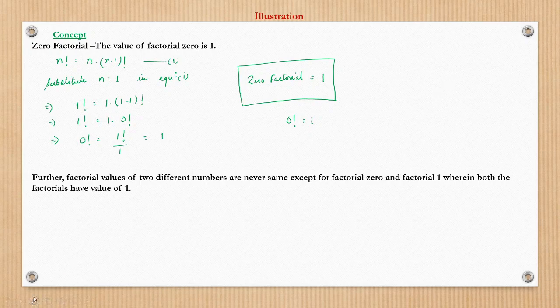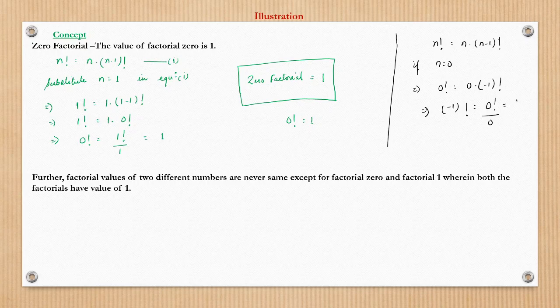Just for the sake of understanding, if I put n factorial is equal to n into n minus 1 factorial, and suppose I substitute n is equal to 0, so what would be the equation? It would be 0 factorial is equal to 0 into minus 1 factorial.